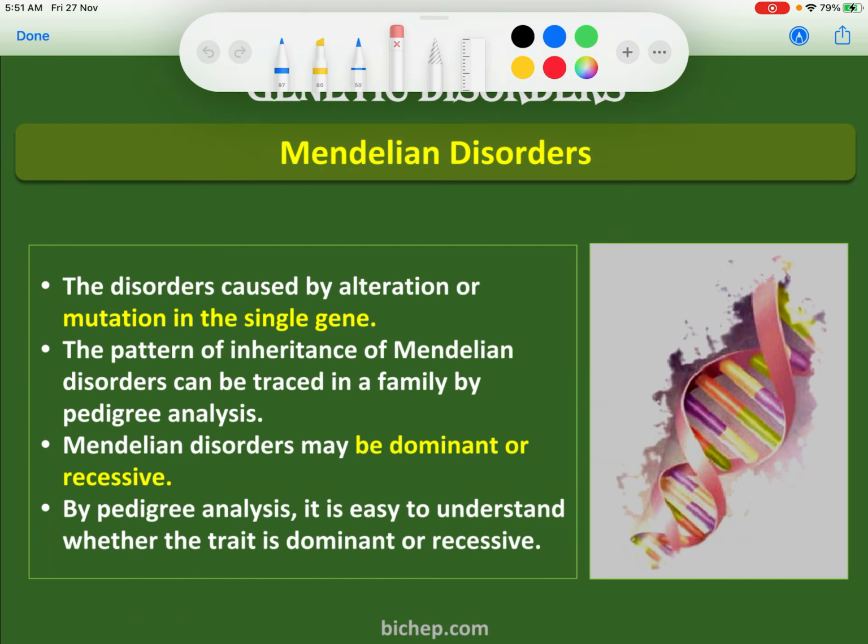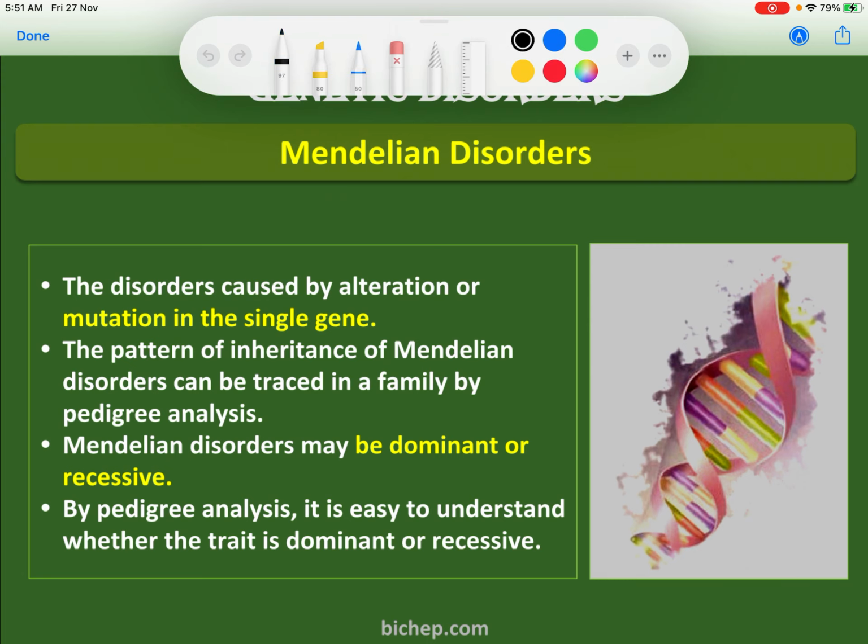So here the disorders are caused by alteration or mutation of a single gene.